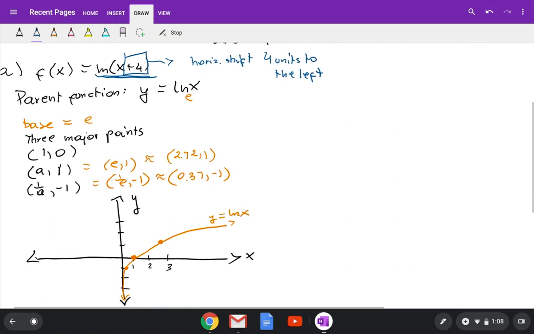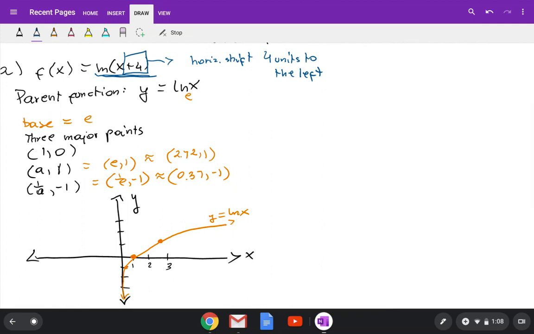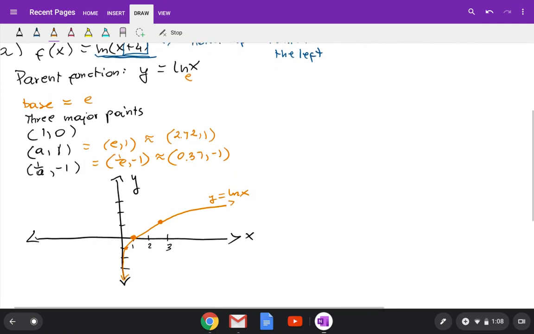So what's going to happen? You have the 3 major points. Each of the 3 points which you graph, you want to push it 4 units to the left. And also don't forget that here we have that vertical asymptote.